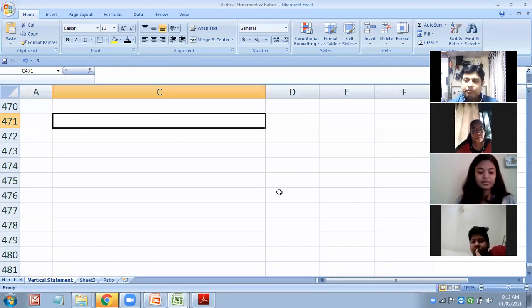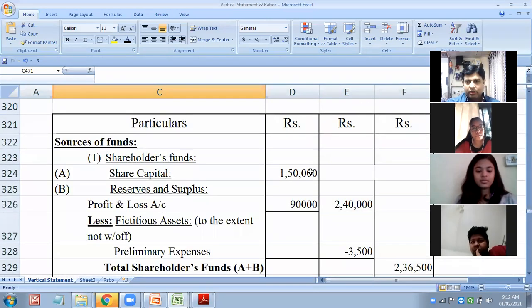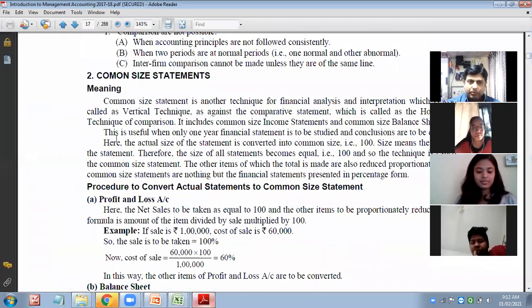Suppose I am a CEO or director of a company, I will always be interested that if different expenditure has been incurred, how much percentage of the sales this expenditure is. For that we need to prepare a common size statement.